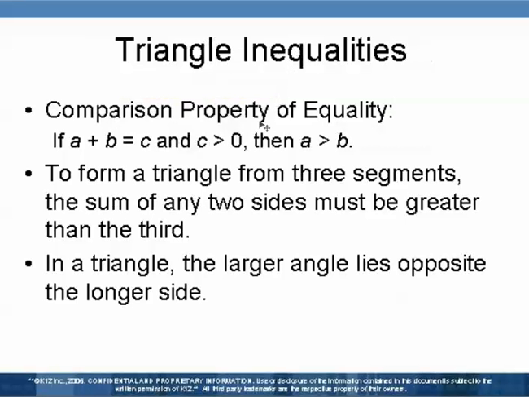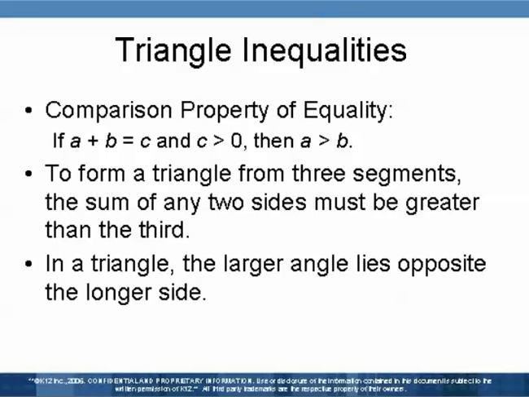And that's one of the things they're trying to tell you here: if we have A plus B equals C, and C is greater than 0 and A is greater than B, to form a triangle from three segments, the sum of any two sides has to be greater than the third side. Because if they were the same size, it'd be a straight line. If they weren't equal, they wouldn't meet. They wouldn't reach each other.